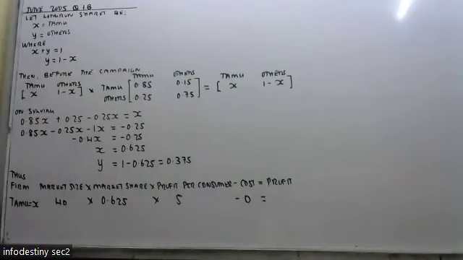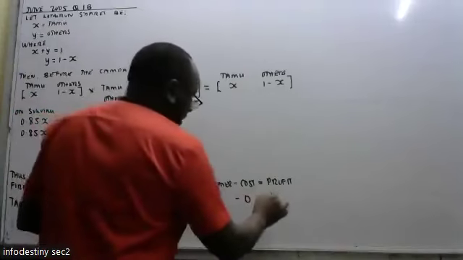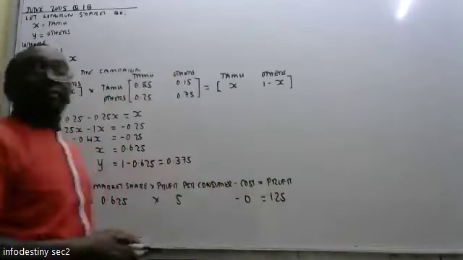We have not incurred any costs. So 40 times 0.625 times 5 minus 0, we have made a profit of 125.